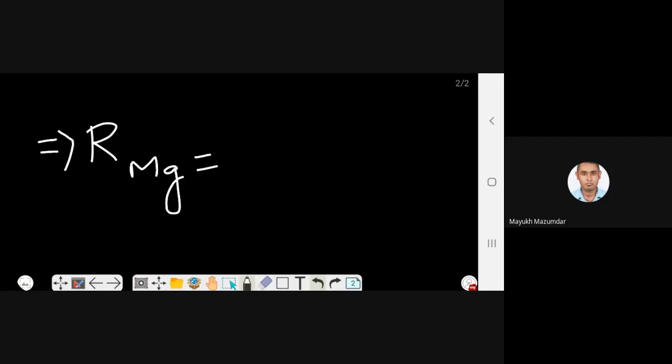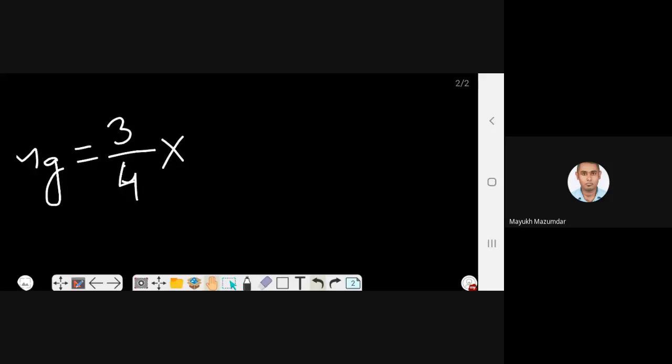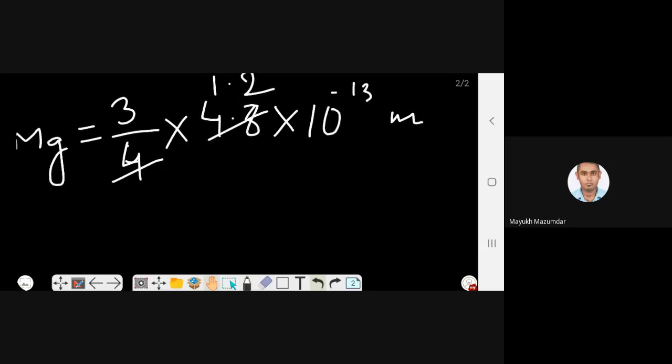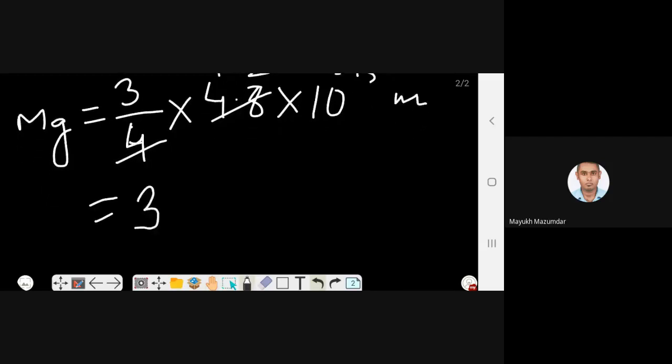That is 3/4 of 4.8 into 10 to the power minus 13, which is 3.6 into 10 to the power minus 13.